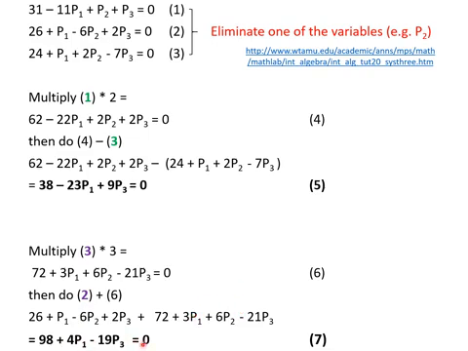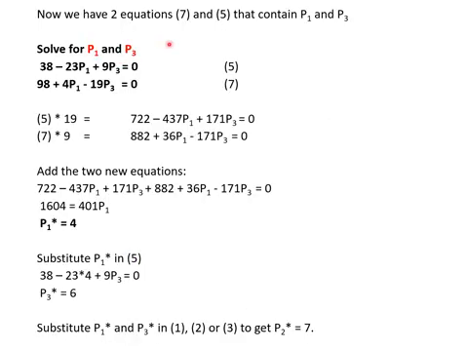And we end up with this equation number 7, and what we now have through this first step of the process of elimination, we have two equations with two unknown variables, P1 and P3. So we now have two equations, 5 and 7, with our two unknowns, P1 and P3.